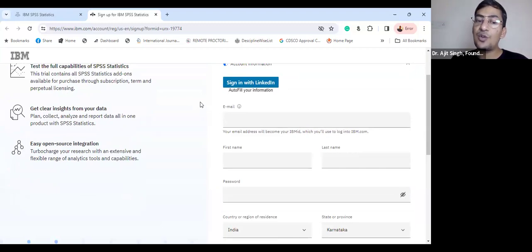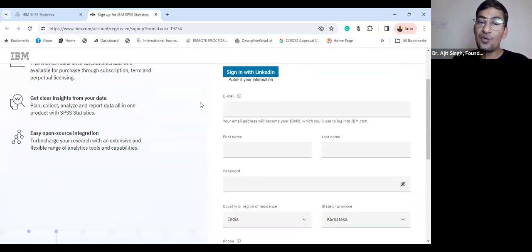Whenever you try to download the trial version again with a new email ID, it detects that and will not install it at all. So if you want to try the trial version again, you have to completely format the computer. In one year you can try only once, right?